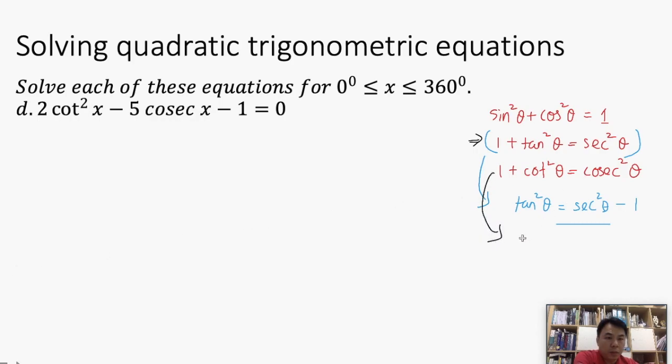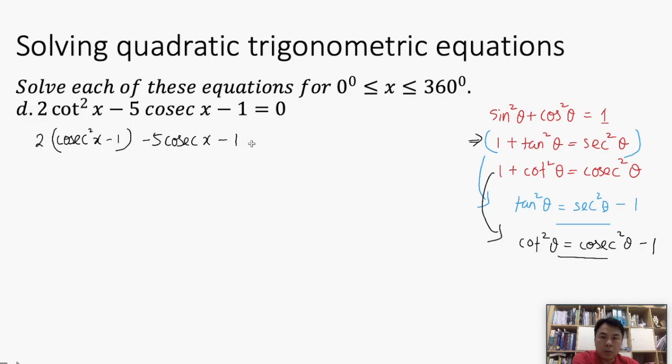It will become cotangent square theta is equal to cosecant square minus 1. So I'm going to use this here. So in this case, I will have cosecant square x minus 1 minus 5 cosecant x minus 1 equal to 0.